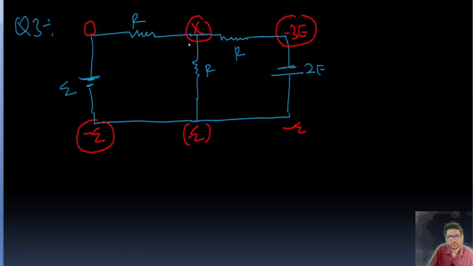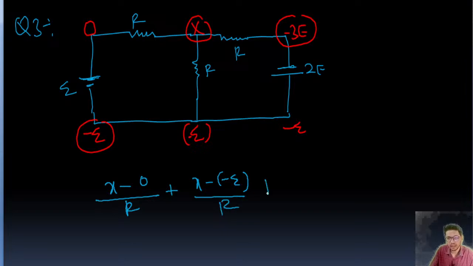So this is going to be simple. By nodal analysis, it is going to be x minus 0 upon R plus x minus minus E upon R plus x minus minus 3E upon R equal to 0.